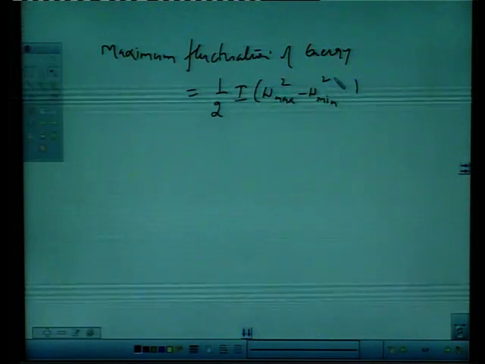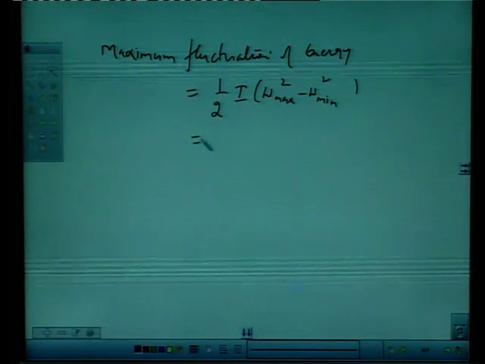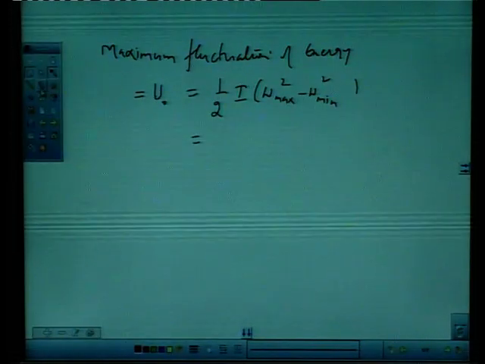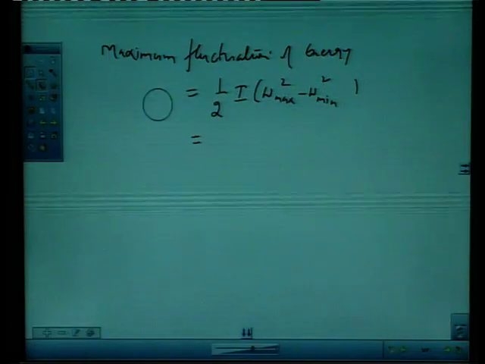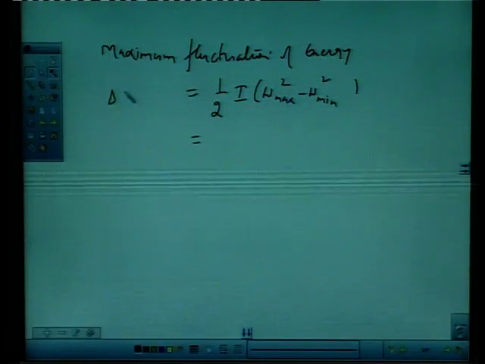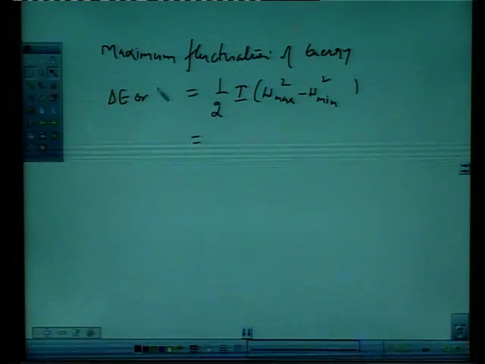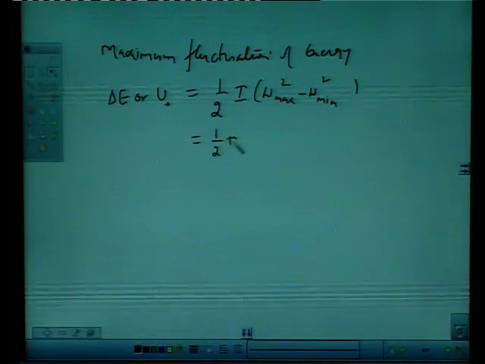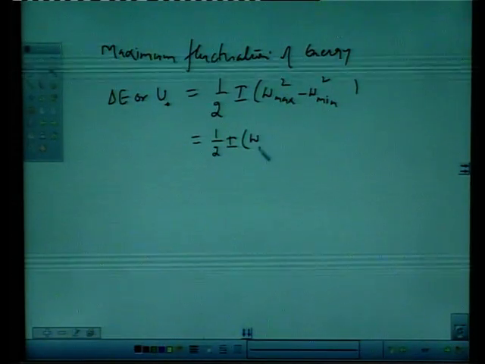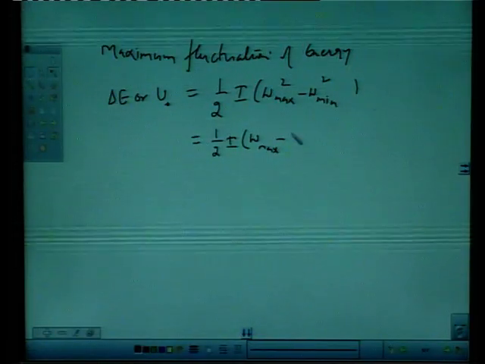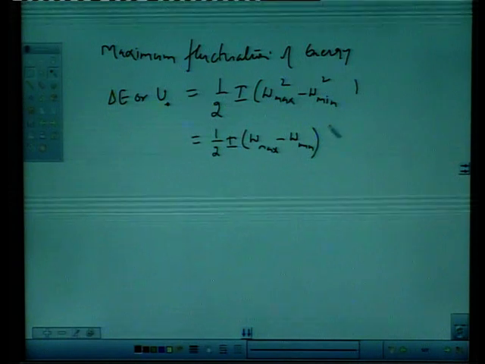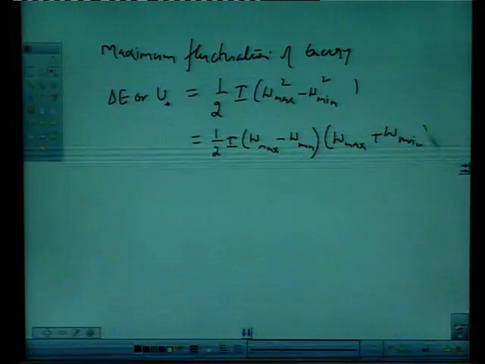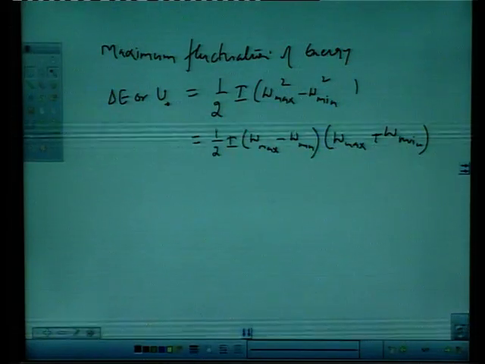Now, this is equal to delta E or U output, maximum fluctuation of energy. This will be equal to half I omega max minus omega mean into omega max plus omega mean.